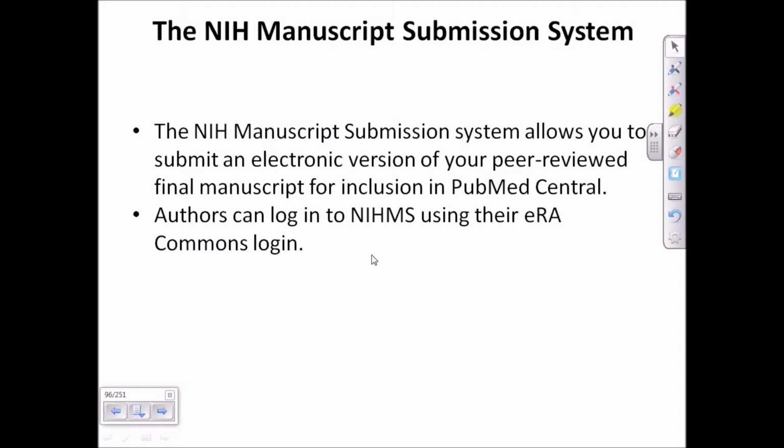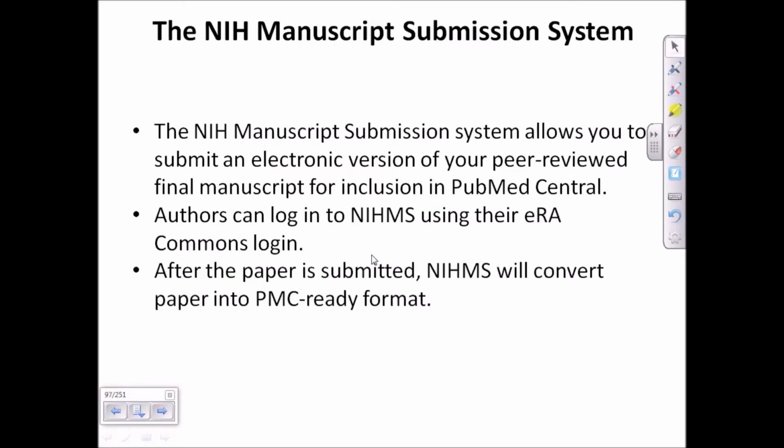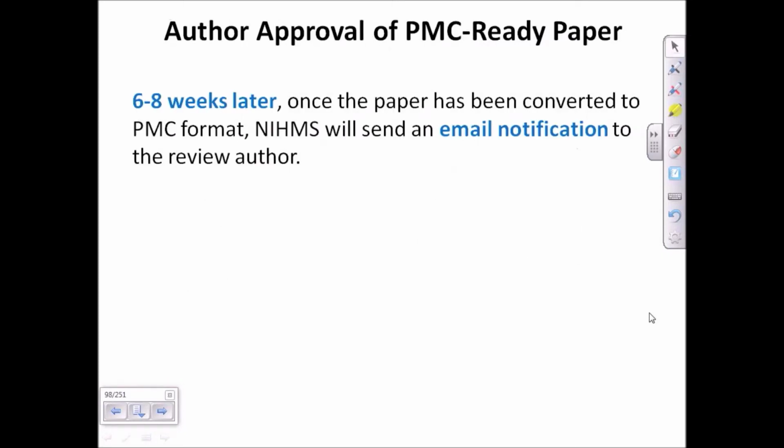The authors can log into the NIHMS using their ERA Commons login, and after the paper is submitted, NIH will convert the paper into PMC-ready format. 6 to 8 weeks later, once they've finished converting the paper into PubMed format, NIHMS will send an email notification to the review author.